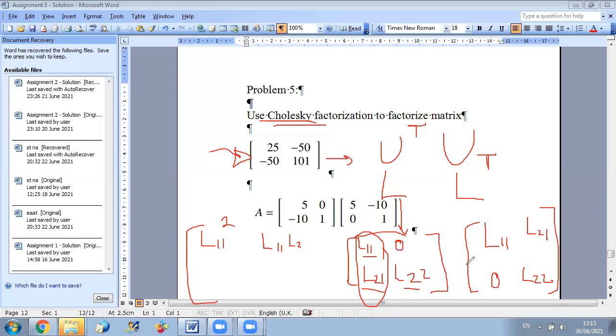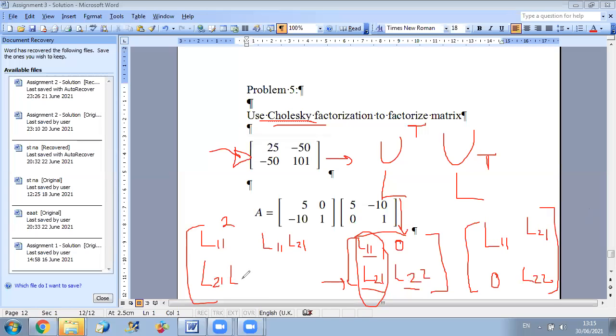Okay, so you have L11 square. Now the second element will be L11 times L21 plus 0. The third element here, I now use the second row times the first column, gives L21 times L11.